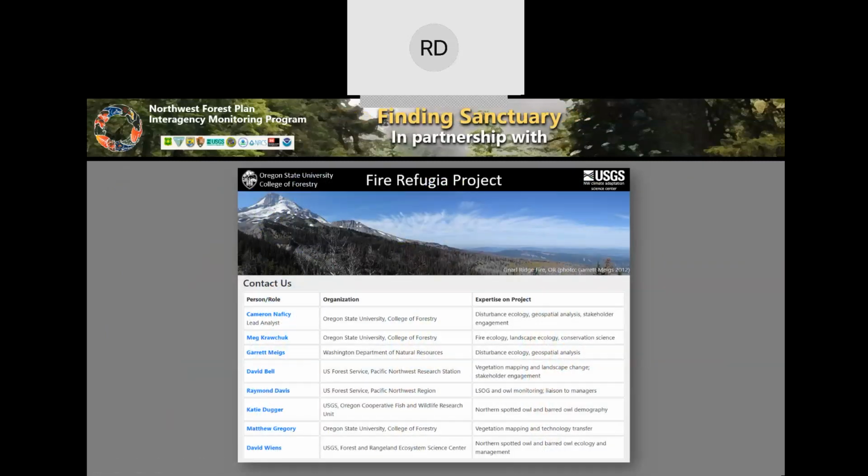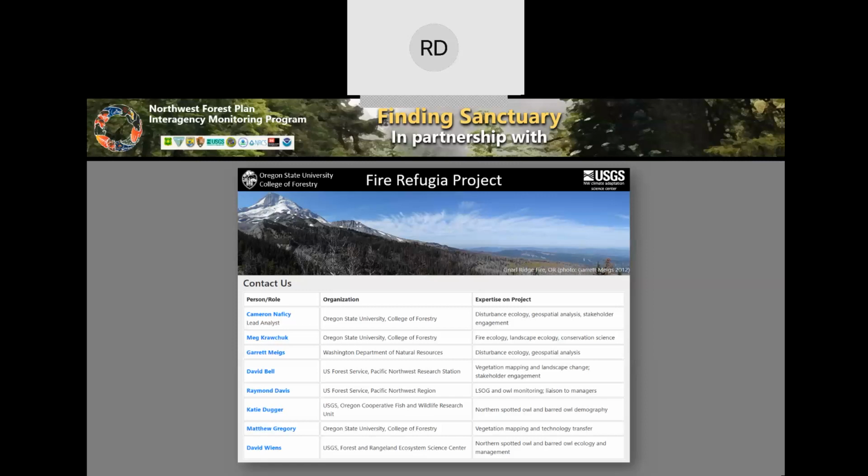Oregon State University College of Forestry has established a fire refugia project. Cameron Nafisi is the lead analyst. Meg Krawczyk is one of the principal investigators on it. Garrett Meigs from Washington State Department of Natural Resources used to work for OSU, now working for the state of Washington. David Bell from the Forest Service Pacific Northwest Research Station, and others.